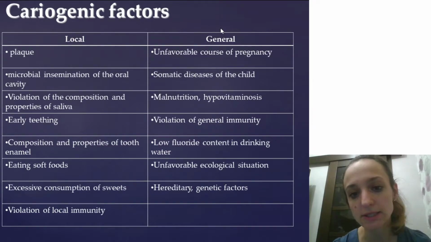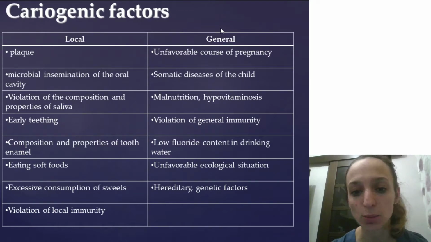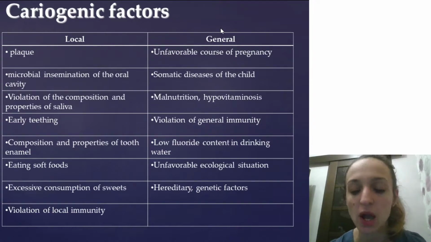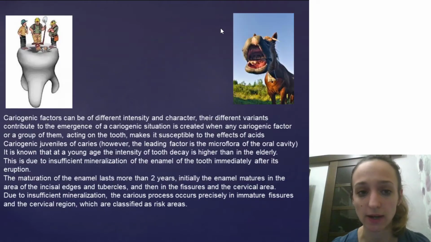In general, it is unfavorable course of pregnancy, somatic diseases of the child, malnutrition, hypovitaminosis, and violation of general immunity, low fluoride content in drinking water, unfavorable ecological situation, and hereditary and genetic factors.